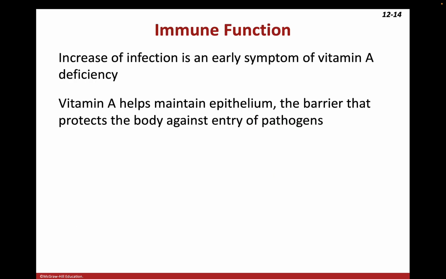Now, there also is a role associated with immune function, and an increase of infection is an early symptom of vitamin A deficiency. One of the things that vitamin A helps do is to maintain our epithelium. And remember, that is the barrier that's going to protect our body against the entry of pathogens.